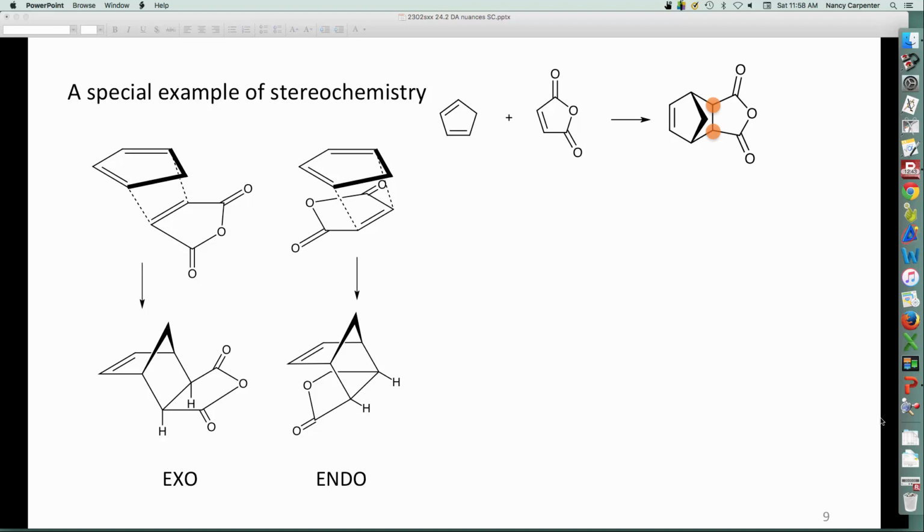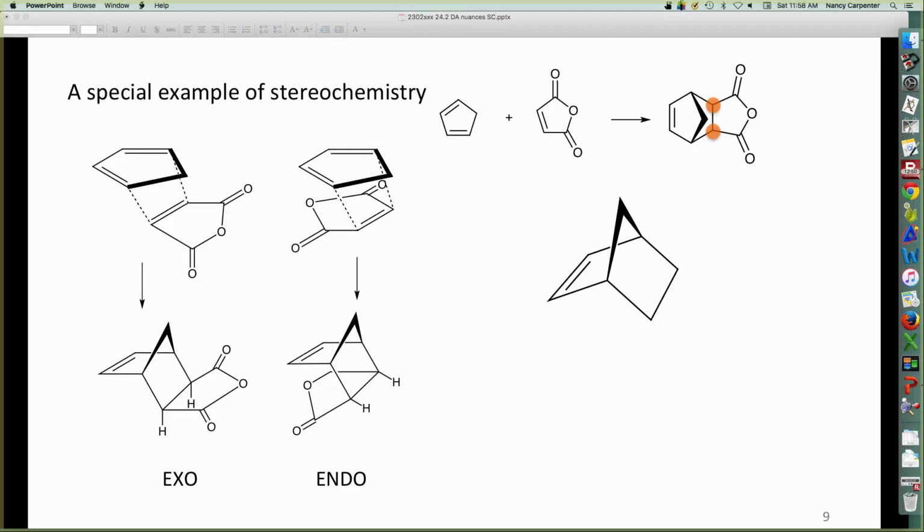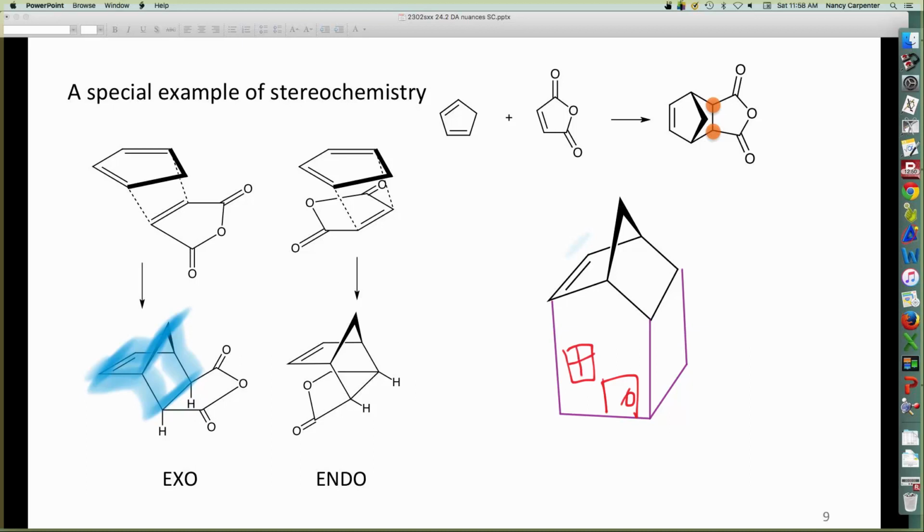Now, those are kind of hard to remember. Here's the way Nancy likes to try to remember them. So if you think of this part of the molecule as kind of looking like the roof of a house, see? Right? So here are the walls of the house, and maybe here is the door of the house and the window, and you can even imagine maybe this is a chimney with smoke coming out of it.